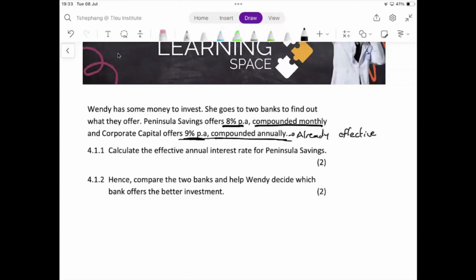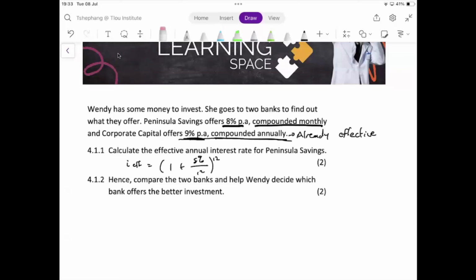Okay. Now, I gave you the formula. You now know there's only one EFF, and then 1 plus I effective is equal to 1 plus I nominal over n, all to the power of n. If you plug in that formula, 1 plus I effective is equal to 1 plus 8% over 12, to the power of 12.